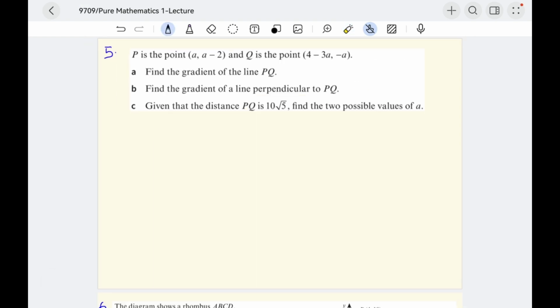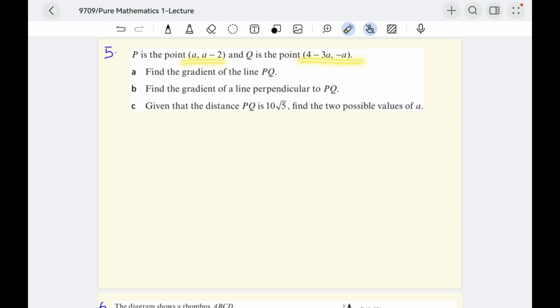Alright, let's move on to the next question, which is question 5. P is the point (a, a minus 2), and Q is the point (4 minus 3a, negative a). Are you curious why I pronounce this slowly?